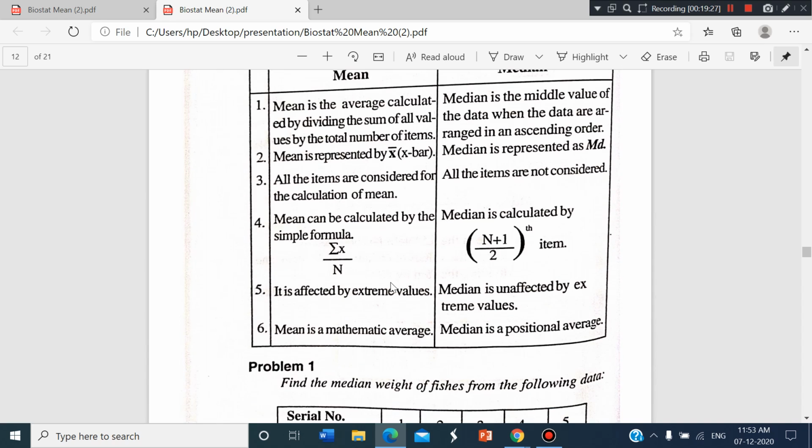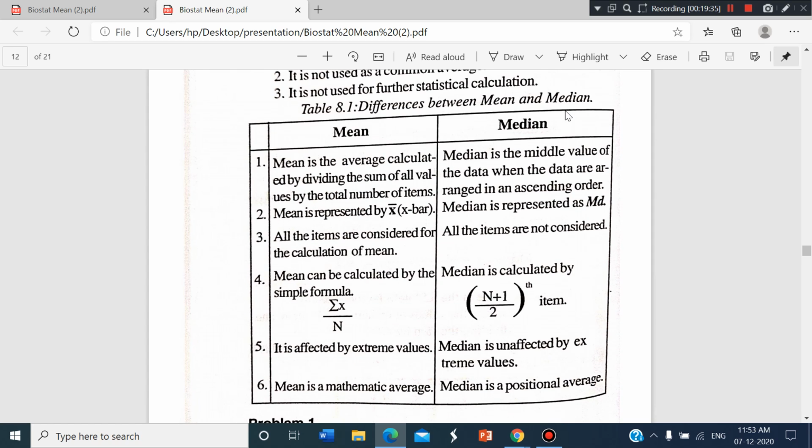If you differentiate between mean and median, mean is the average, but median is the middle value. Mean is represented as x bar, median as MD. In mean, all items are considered, but not in the median, and the formula is different.